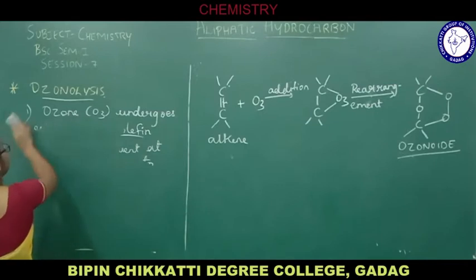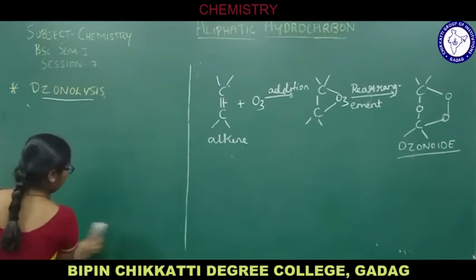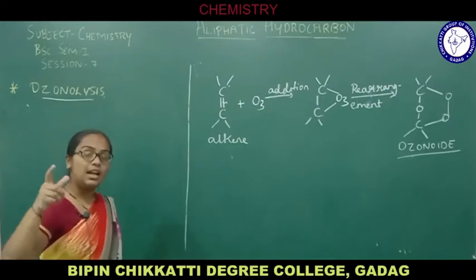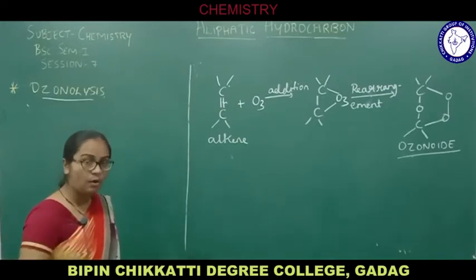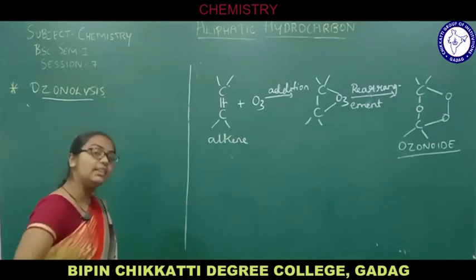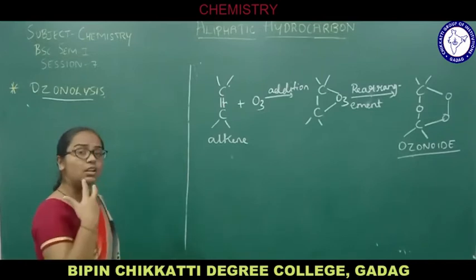This is basically a 2-step reaction, not a single-step reaction. In the first step, the ozonoid, the unstable addition complex, forms, and that unstable ozonoid will undergo further reaction with another component to form another product.